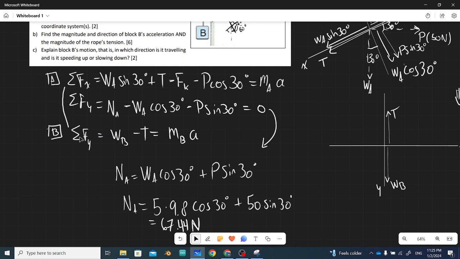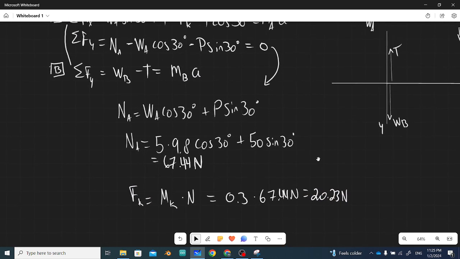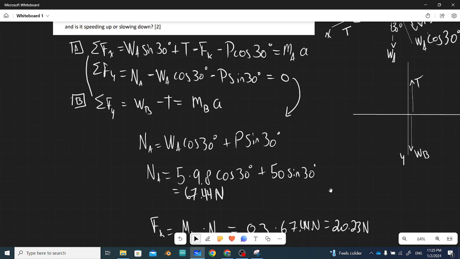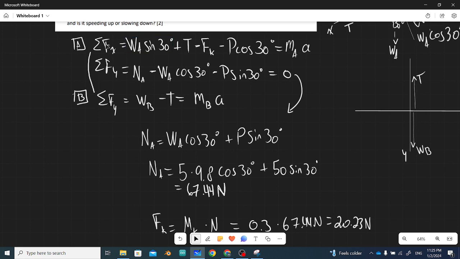So what I'm going to do is add those two together, Fx and Fy. Or you could also isolate A in here and then plug it back in to here. But I guess we're going to do both ways, and they should both work. So this is 20.23. Okay. So first method we're going to do is addition. We're going to add those and act as if there's one system.